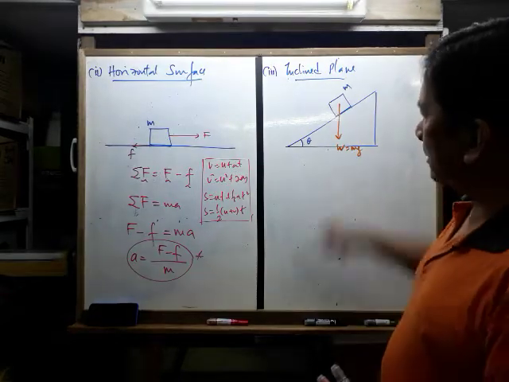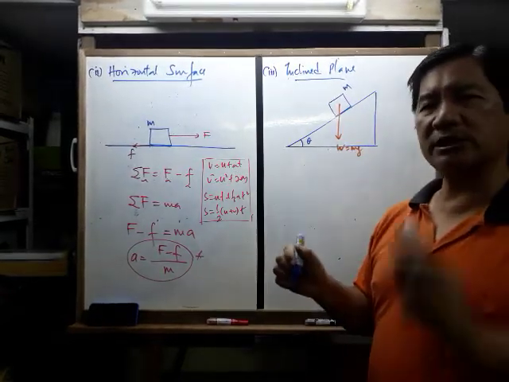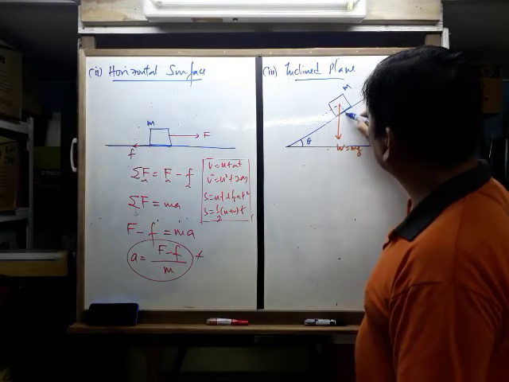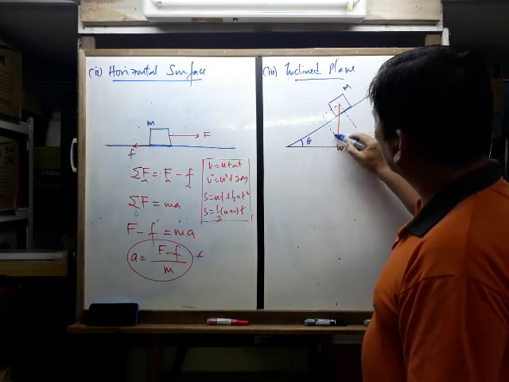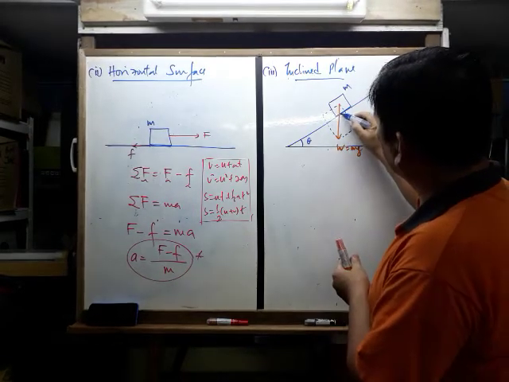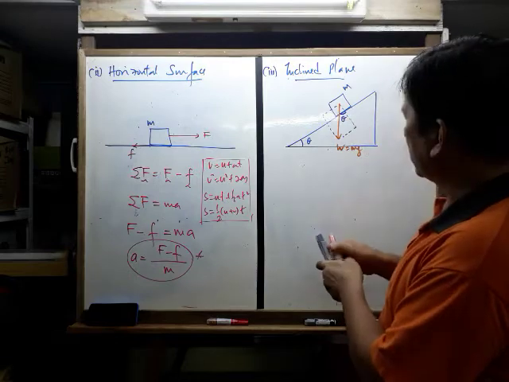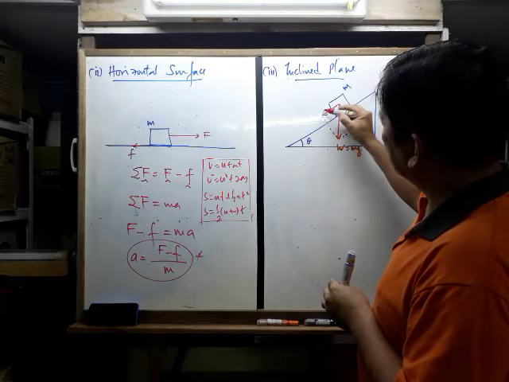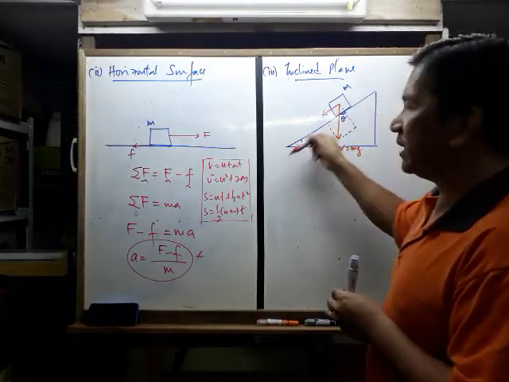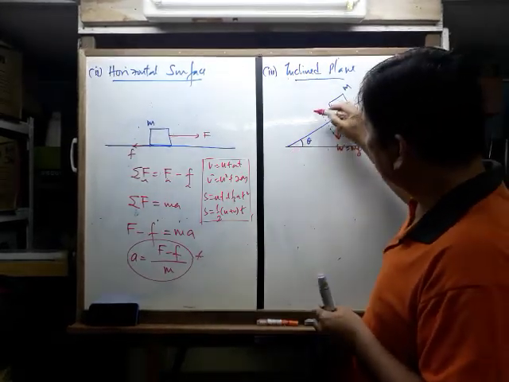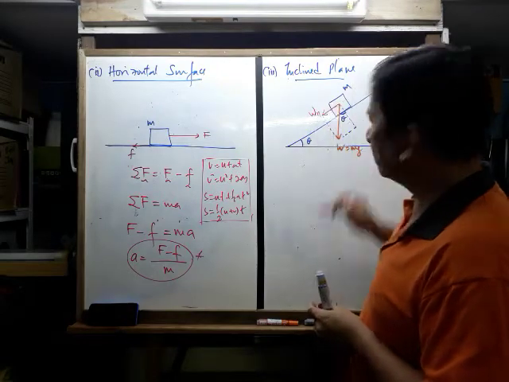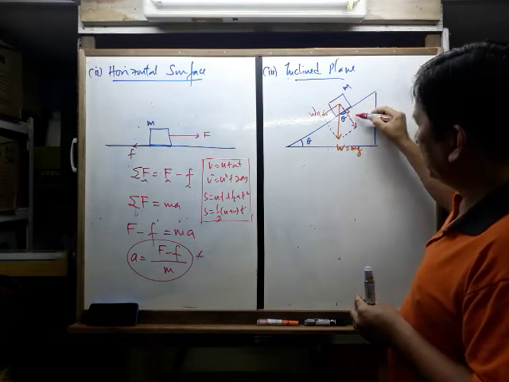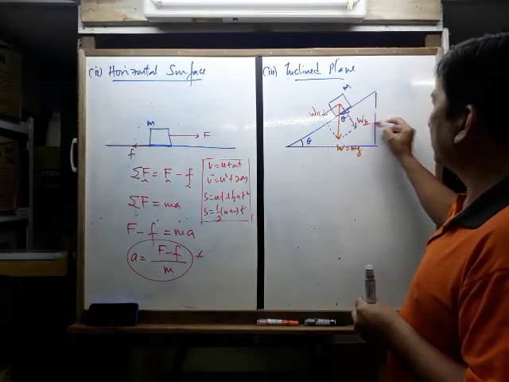Now, this weight mathematically can be split into two components, and this angle here is theta. The first component is parallel with the inclined surface, and I'll call this one W parallel. Another component is 90 degrees from the surface, so this is W perpendicular.